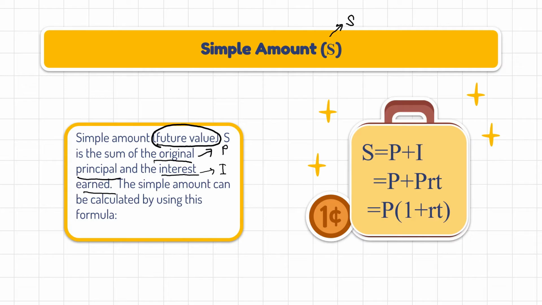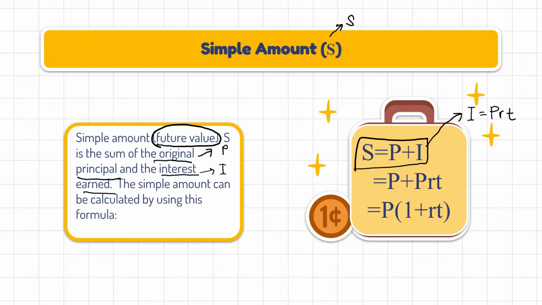So this is the formula related to the simple amount. From the definition we know that S equals P plus I. From the previous lesson, we already know capital letter I equals PRT.